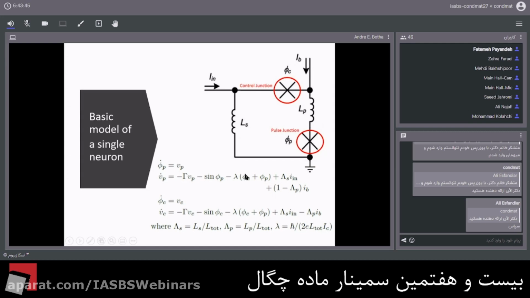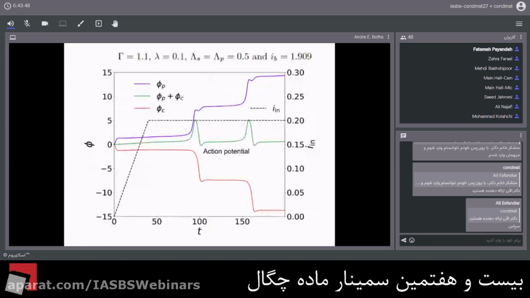And when one does a simulation of the system, what one then finds is that the flux behaves very much like the action potential. So here in this diagram at these parameters is a short simulation of the system, where the input signal, the I in that we saw previously, is systematically increased.